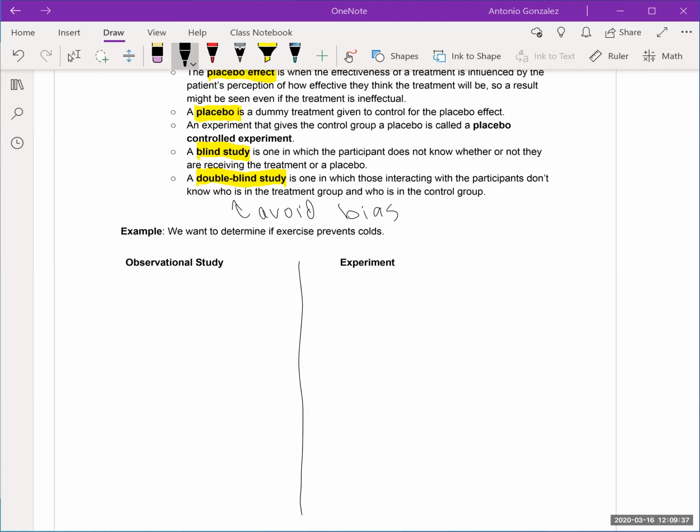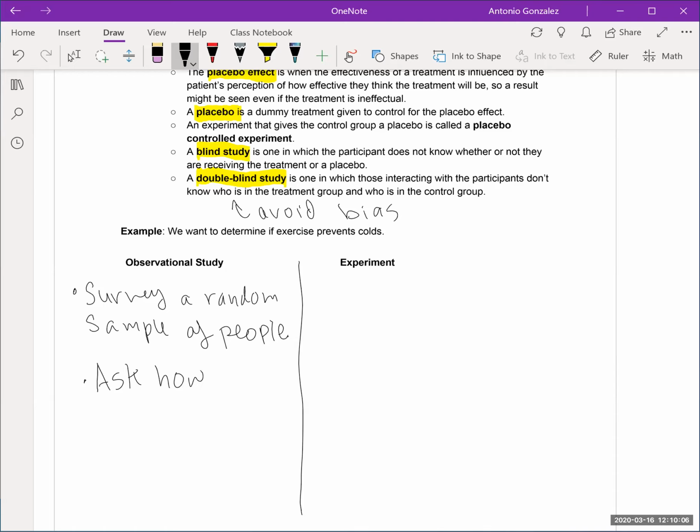Let's say we want to determine if exercise prevents colds. If it were an observational study, one way to do this would be to survey a random sample of people, and then ask them how much exercise they do in a week.